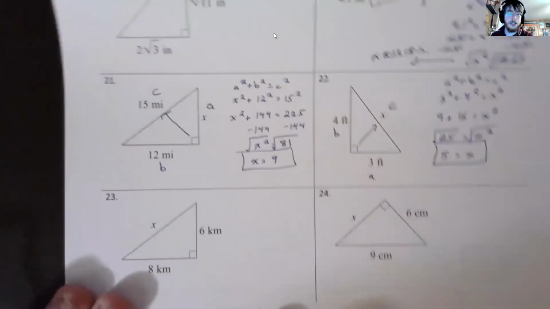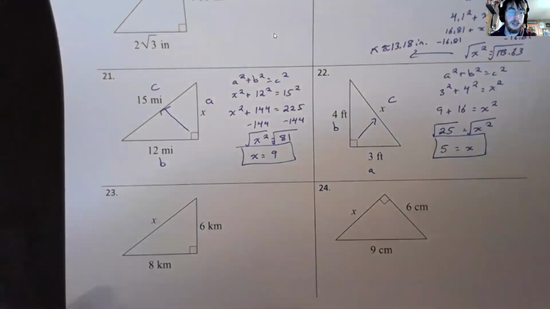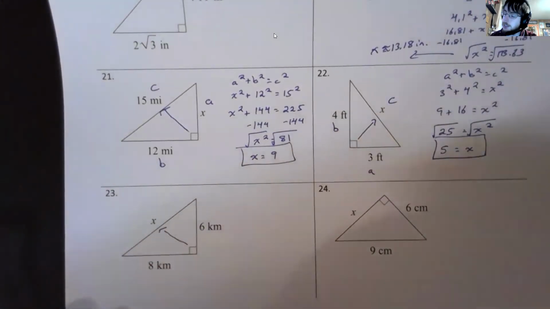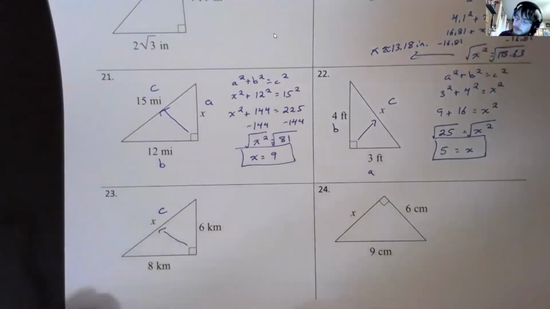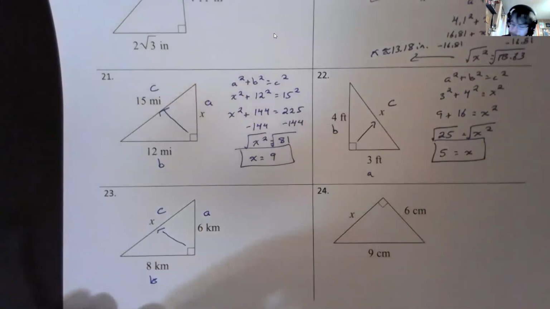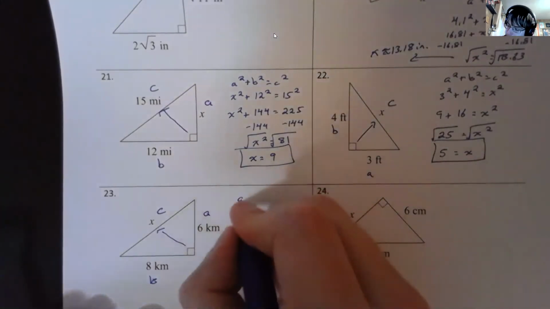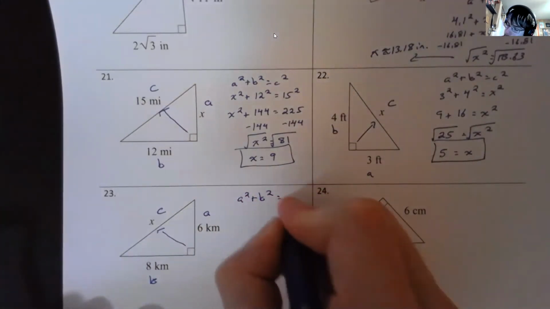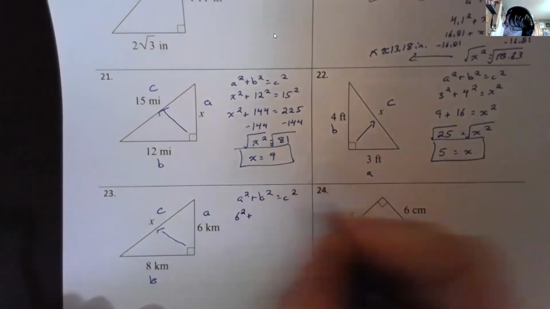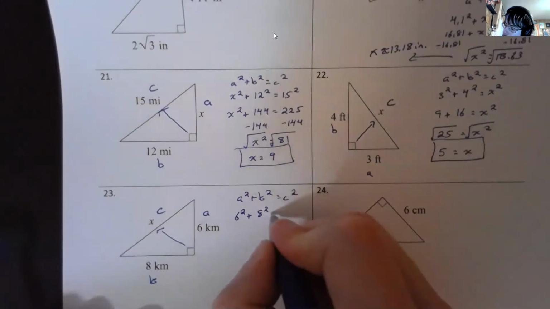Number 23, again, it looks like we're missing our hypotenuse. The side opposite from the right angle has an x on it. So x is C, 6 is A, and 8 is B. A squared plus B squared equals C squared. A squared is 6 squared. B squared is 8 squared.